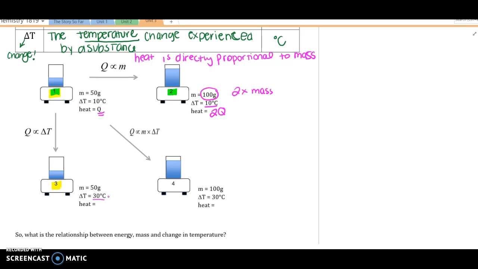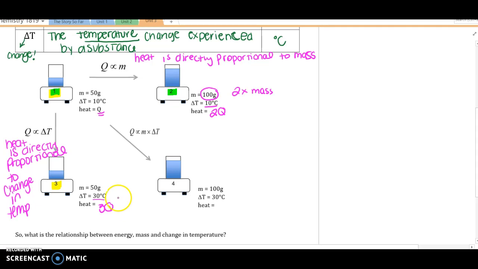Make a prediction. If you thought that we would need 3 times the heat that we initially would have needed, you would be correct. This confirms that heat is directly proportional to the change in temperature. If we triple the heat, we can triple the change in temperature.